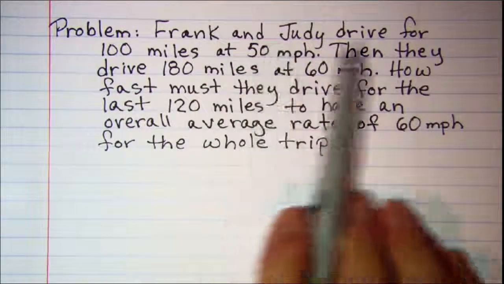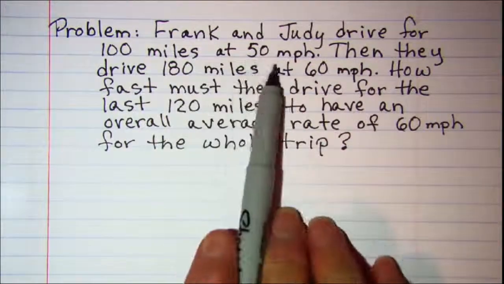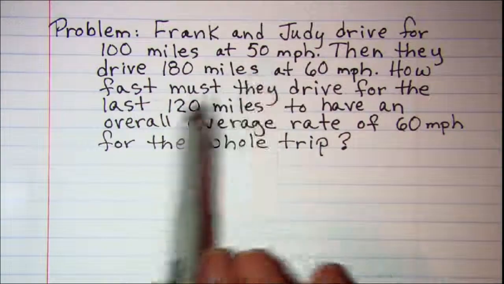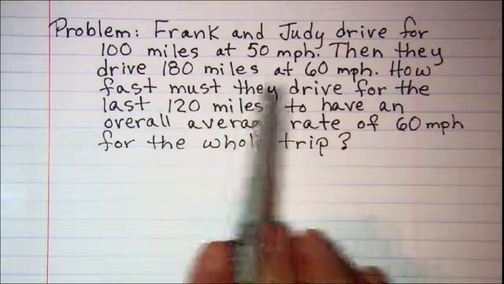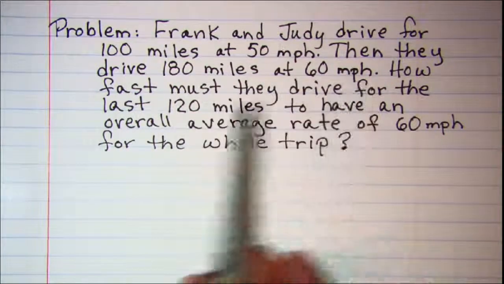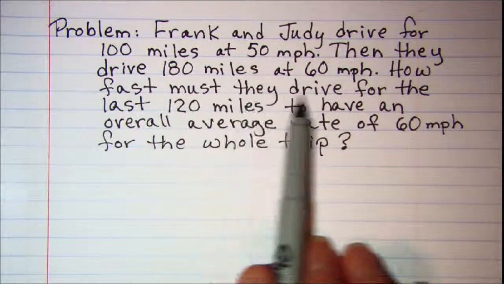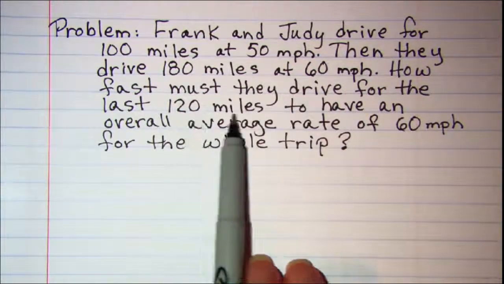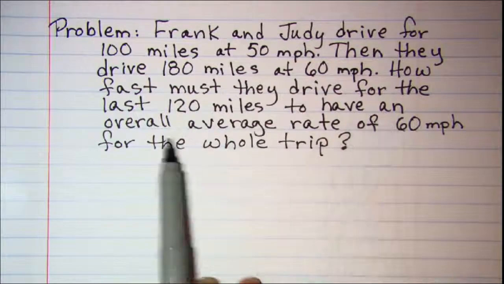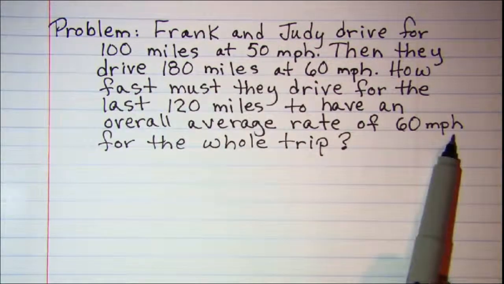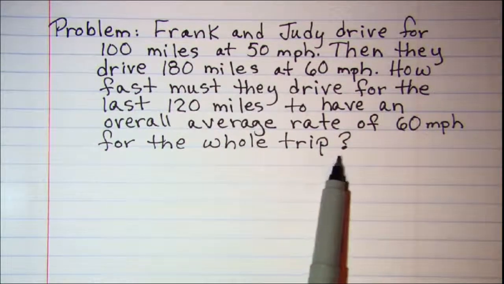Let's do another one. Frank and Judy drive for 100 miles at 50 miles an hour. Then they drive 180 miles at 60 miles an hour. And then how fast must they drive for the last 120 miles to have an overall average rate of 60 miles per hour for the whole trip?